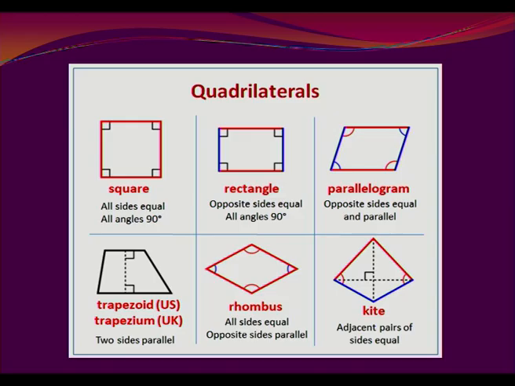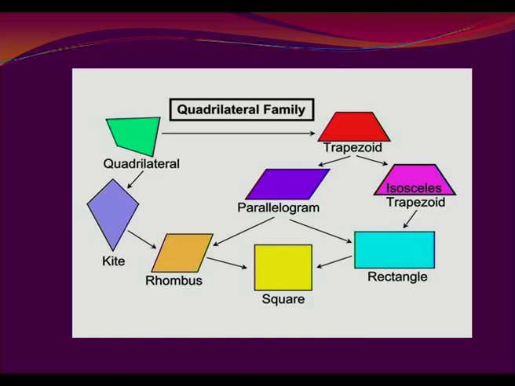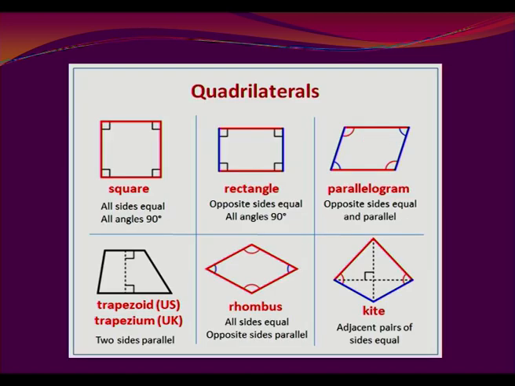So, now let us discuss the different quadrilaterals. Here you might have come across the family of quadrilaterals. You see, a square is a quadrilateral which has all equal sides and right angles, and a rectangle has opposite sides equal and all angles 90 degrees.